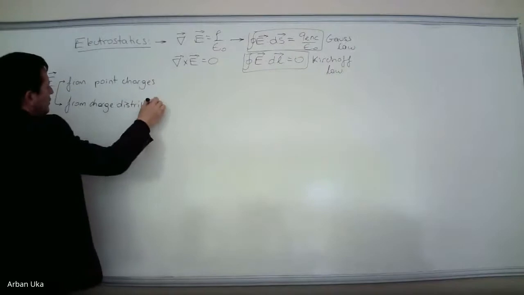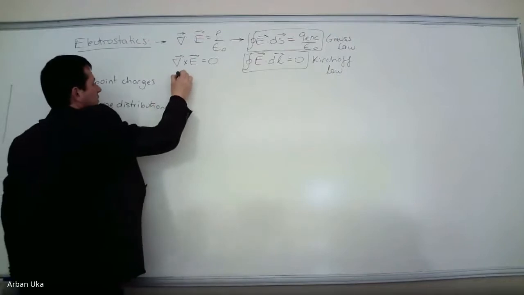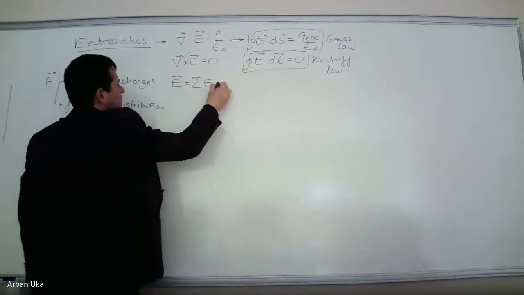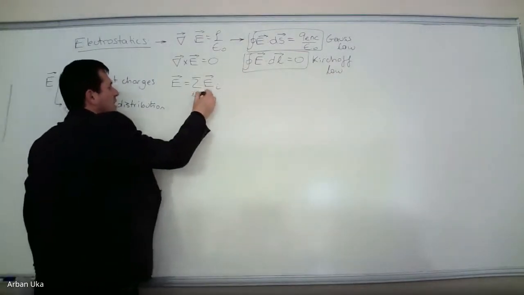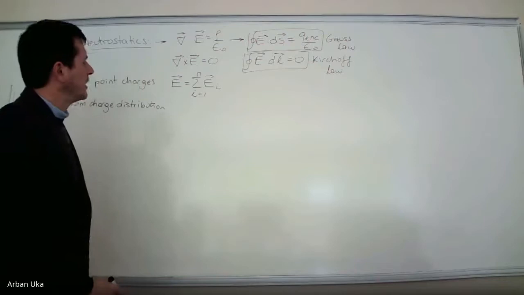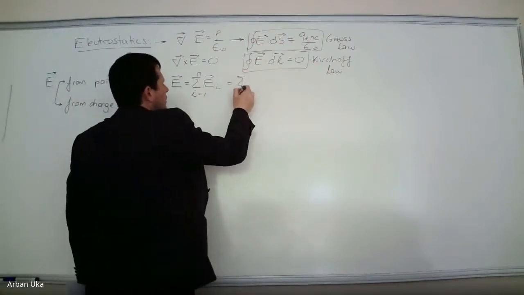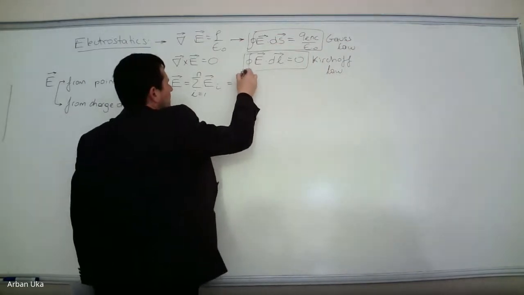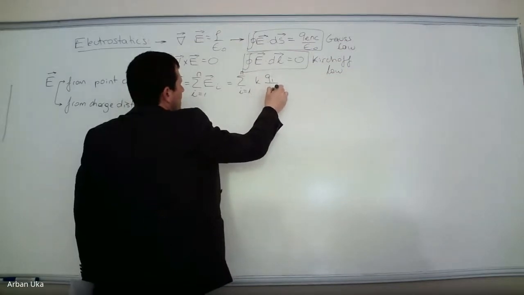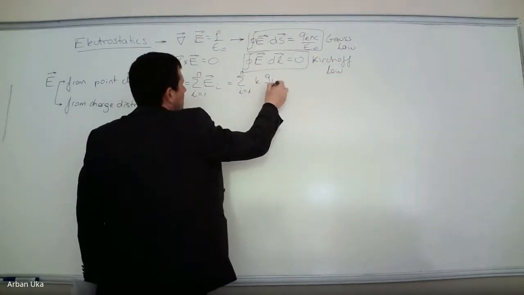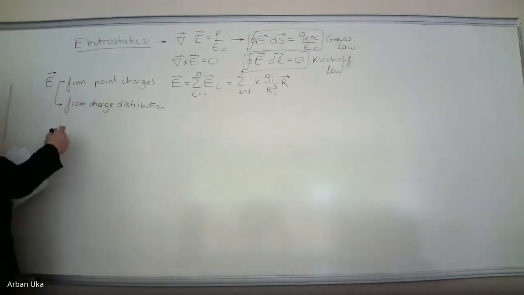When we talk about the electric field from point charges, in principle, the electric field would be the sum of several individual point charges, where i goes from 1 to n, and this addition is going to include expressions that look like this: the sum over i from 1 to n of k qi over ri cubed times r. Now this expression, we know that.